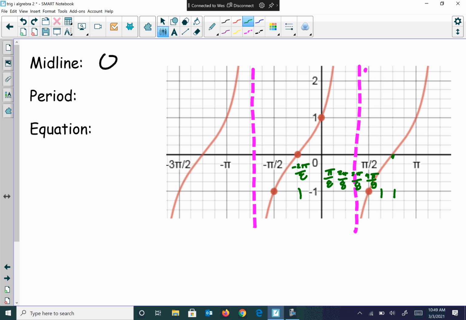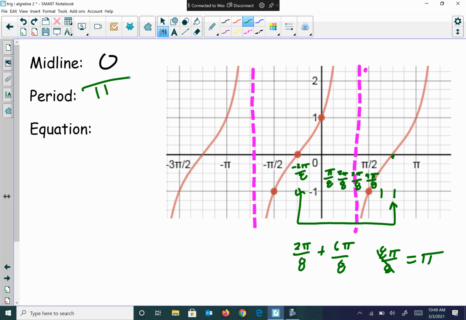So I'm going to go from here to here to see what the distance is. So I have 2 pi over 8. Now keep it positive. And this is going to be 6 pi over 8. So that's going to give me 8 pi over 8, which reduces to pi. Oh, okay, my period is just going to be pi.